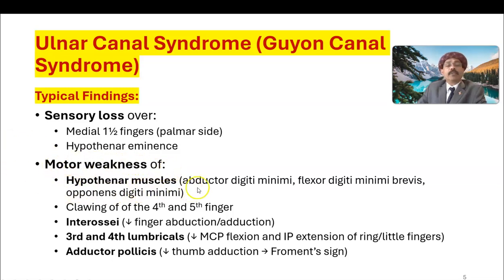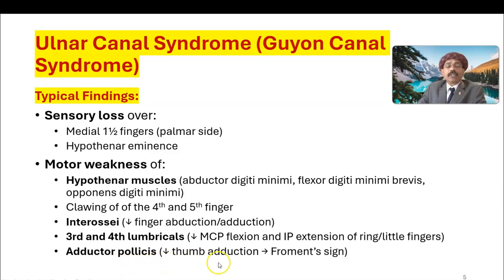Motor weakness of the hypothenar muscles: abductor digiti minimi, flexor digiti minimi brevis, opponens digiti minimi. Clawing of the hand of the fourth and fifth fingers. Interosseous function will decrease: finger abduction by the dorsal interossei and adduction by the palmar interossei. The third and fourth lumbricals: decreased metacarpophalangeal flexion and interphalangeal extension of the ring and little fingers.